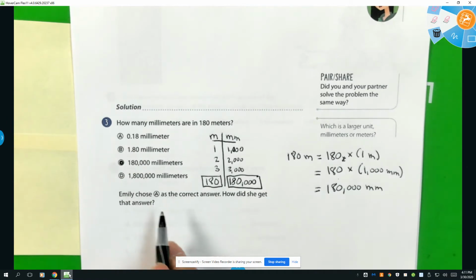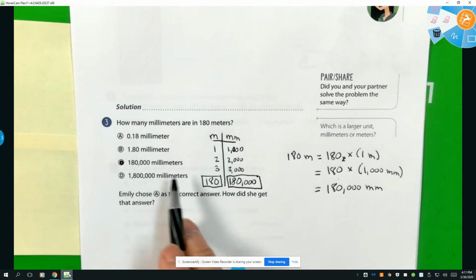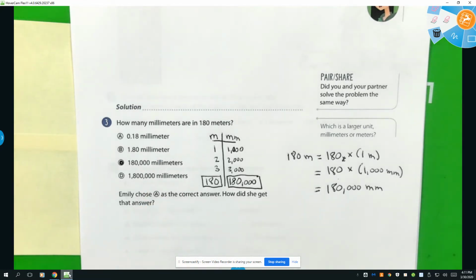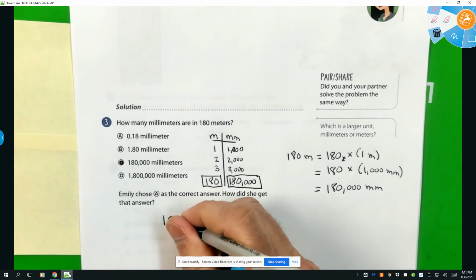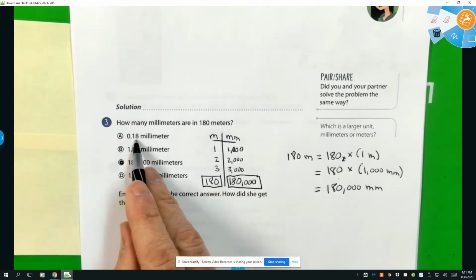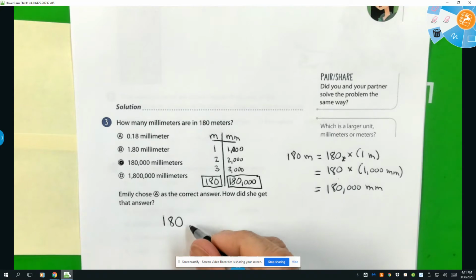Okay, Emily chose A as the correct answer. How did she get that answer? I want you to go through and figure out how she went from 180 to 18 hundredths.